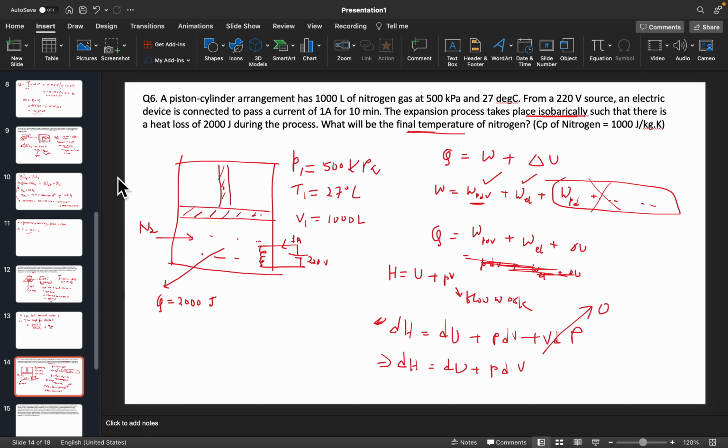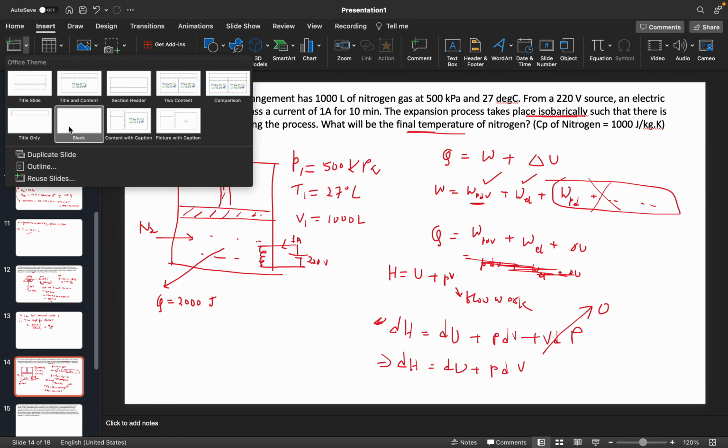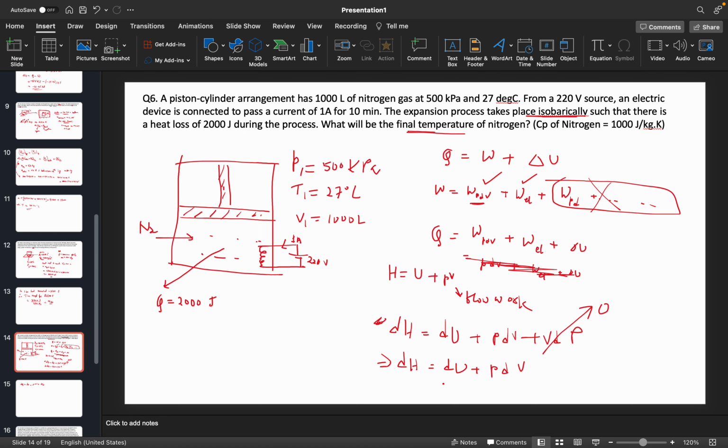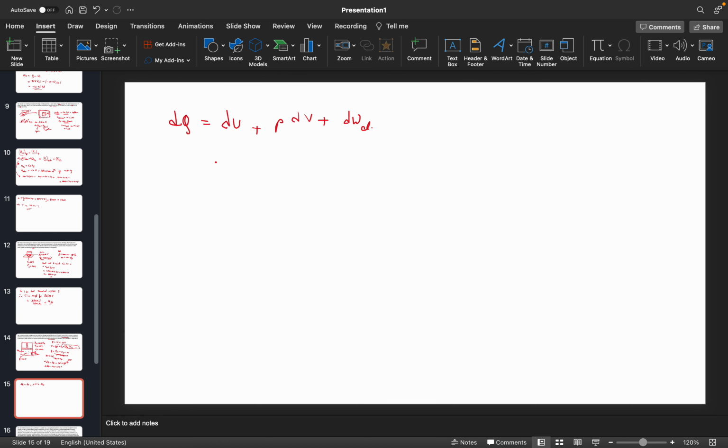For a small change, dQ = dU + p dV + dW_electrical. And we know that dU + p dV is also equal to dH, so dQ = dH + dW_electrical.